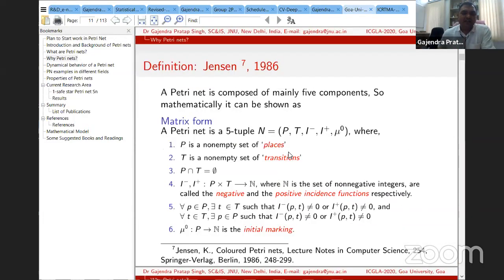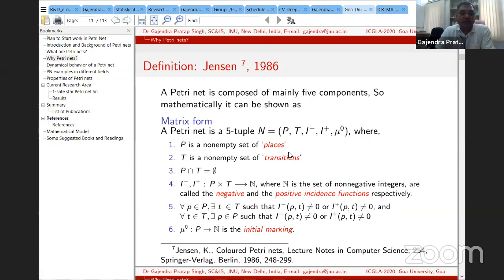This is the definition that I'm going to use here. Jensen gave this definition in 1986. This is a more operative definition because it can be expressed in matrix form. A Petri net is a 5-tuple consisting of 5 elements: P, T, I minus, I plus, mu 0.